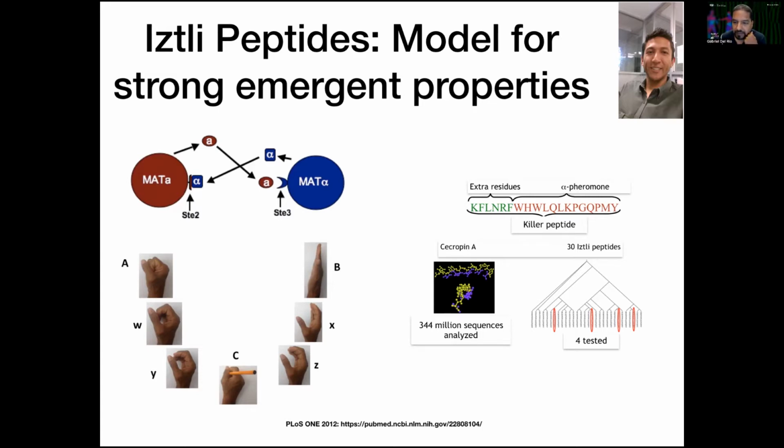So we have in red letters here on the right side of the image the sequence of the alpha pheromone that induces mating in the MAT-A cells. This peptide is not an antimicrobial peptide, but we thought, since we have a ligand for a particular cell, we can make this ligand peptide into an antimicrobial one by adding amino acids on each one of the termini of this pheromone sequence.